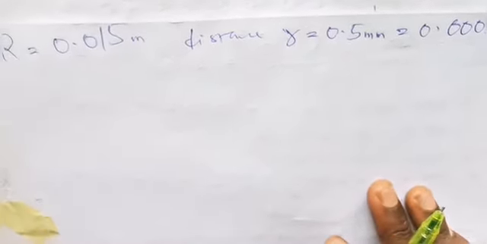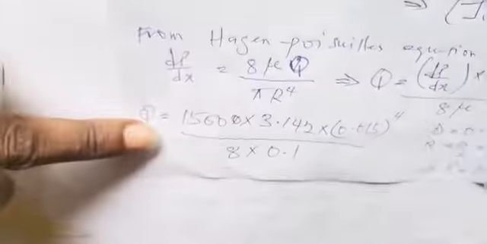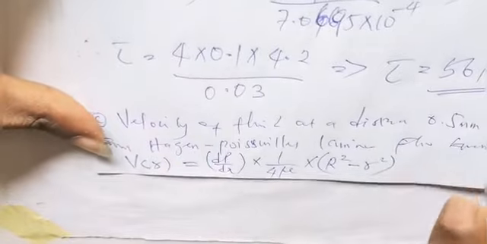So if you have this, all you need to do is to calculate the value using the Hagen-Poiseuille laminar flow equation, which I gave earlier. So we can now find the velocity.